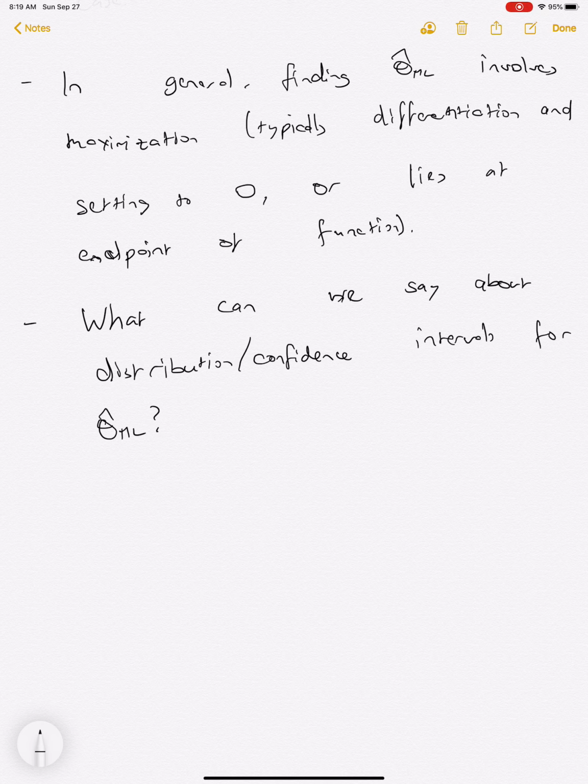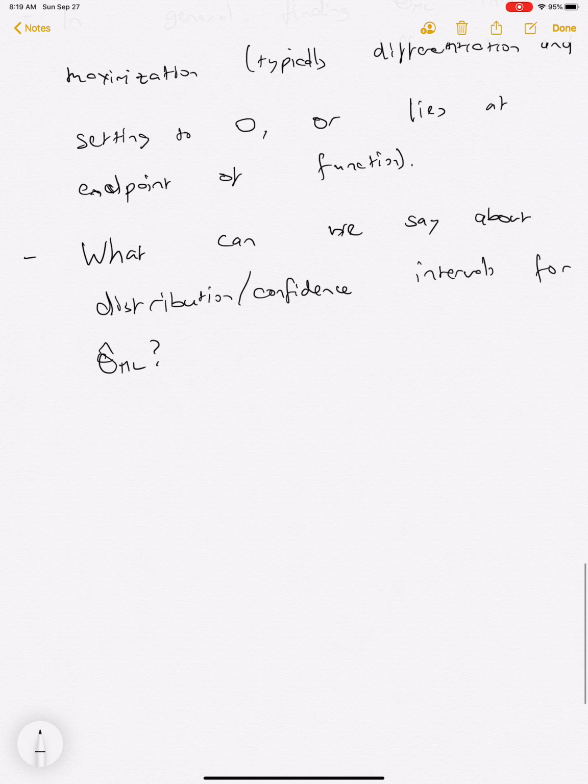Is it accurate? And so that's where you need to ask the next important question, which is, what is the distribution of that theta hat ML, or can we find an approximate or an exact distribution for that? And from that, can we deduce some confidence intervals? And that's really what we're going to be talking about starting from now.